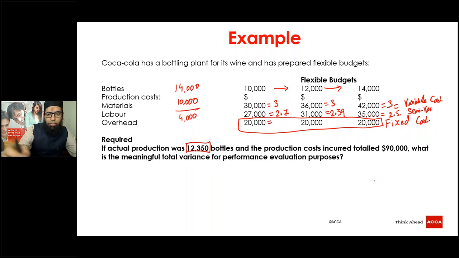Its cost will be 35,000 and 27,000. If I subtract, the answer is 8,000. That means the variable cost per unit will be 2 per unit.